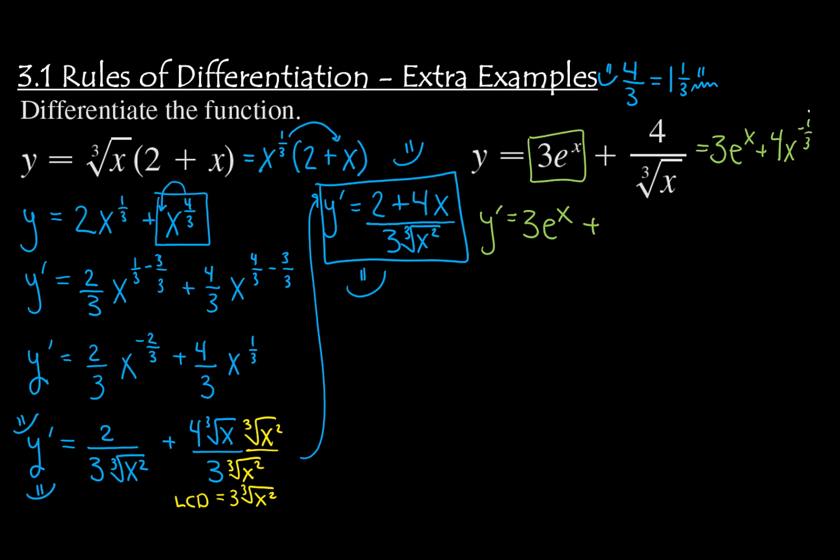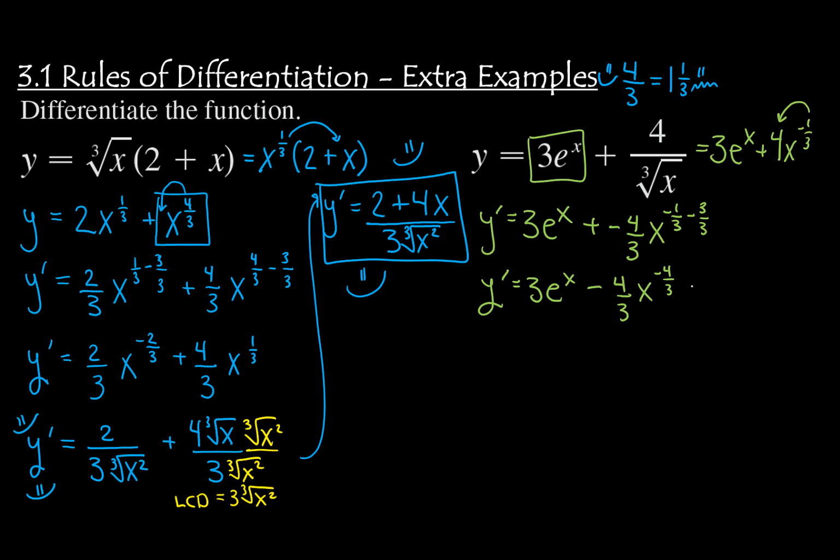Next, I take my power of negative 1/3 and multiply that by the 4, so I'm going to have negative 4/3. And then I'm going to reduce that power by 1, so I'm going to end up with negative 4/3 times x to the negative 4/3.